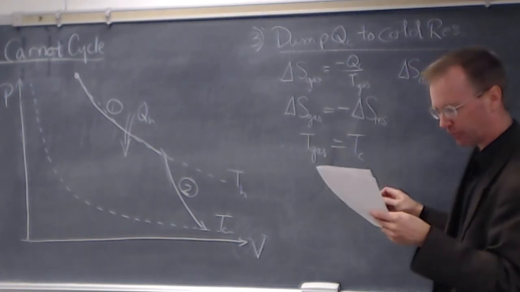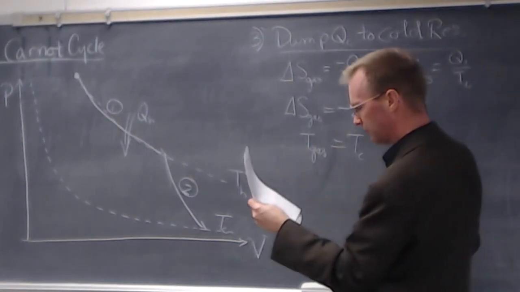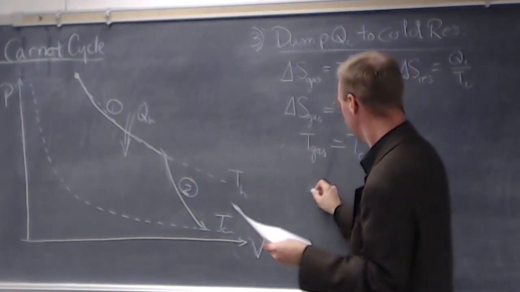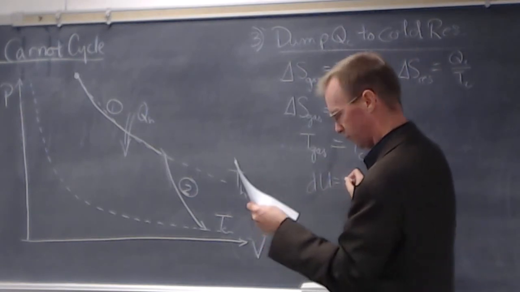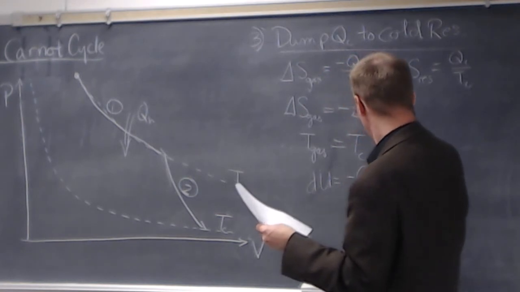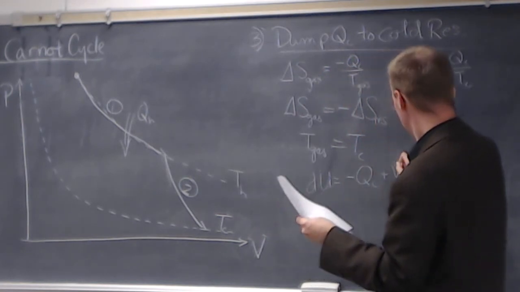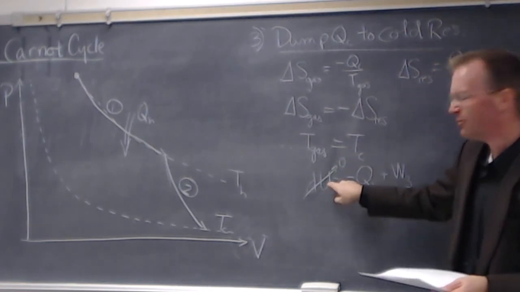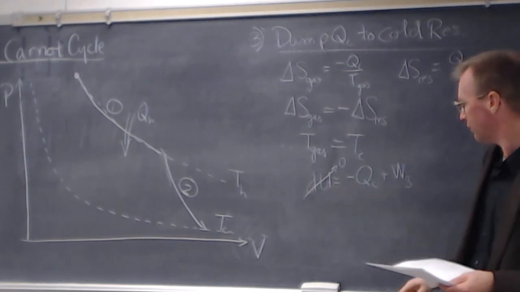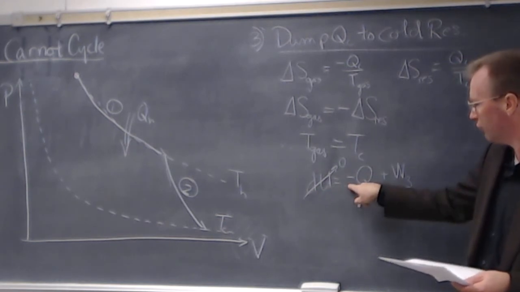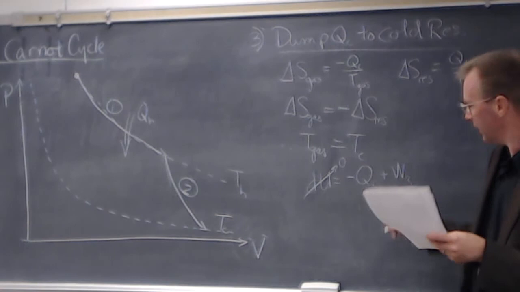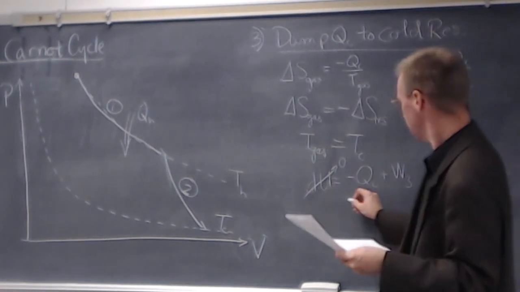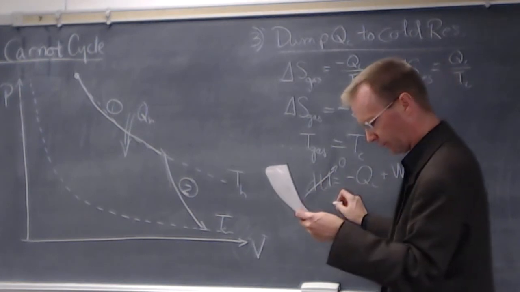And again, just like I showed in step 1, this means to hold the gas temperature fixed. If the temperature is fixed, the energy is fixed, so dU is 0. Notice the sign here, because it's losing Qc, plus the work done in step 3. So 0 equals that plus that.